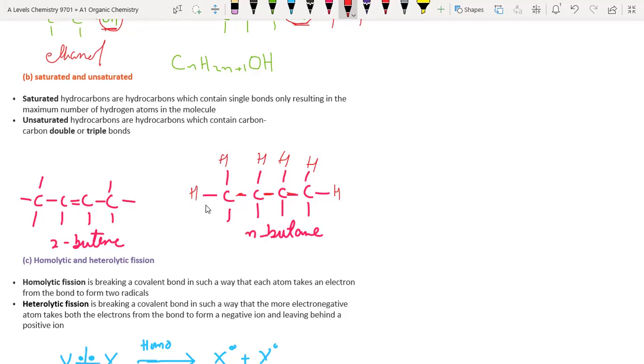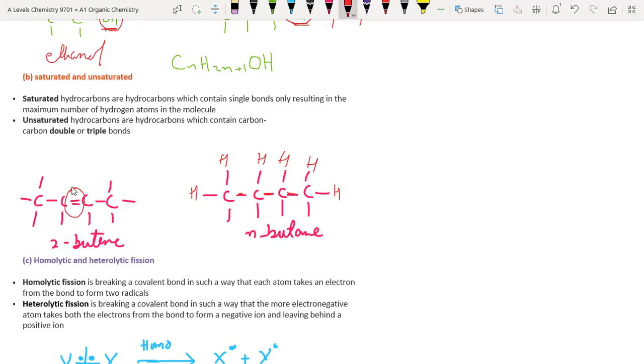Similarly, in butene, there is an unsaturation here. In unsaturated hydrocarbons, carbon contains a double bond.